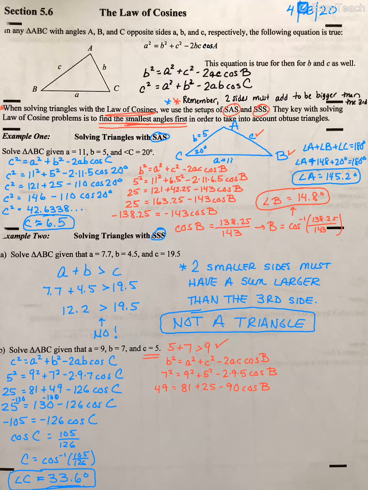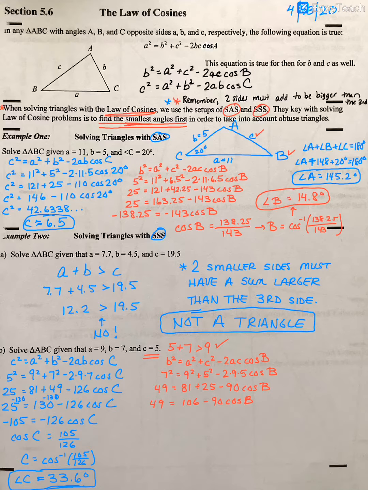I'm going to go ahead and add those two numbers. So 49 equals 81 plus 25 is 106 minus 90 cosine B. In order to work to get that B by itself, we need to first move the 106.